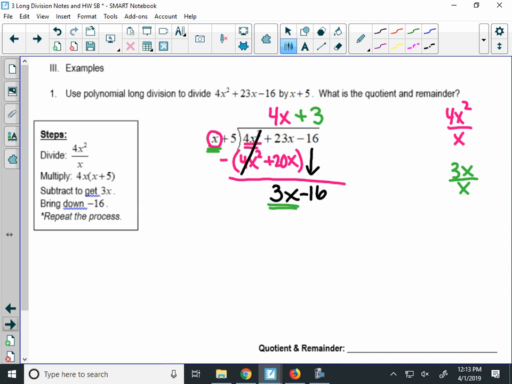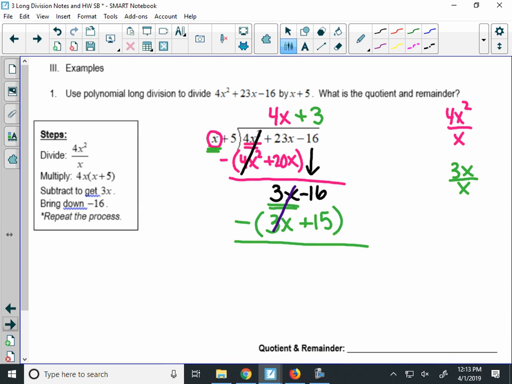So 3 times x is 3x. 3 times 5 is 15. I put parentheses, my minus sign, and I'm going to subtract. 3x minus 3x cancels. That's what it's supposed to do.